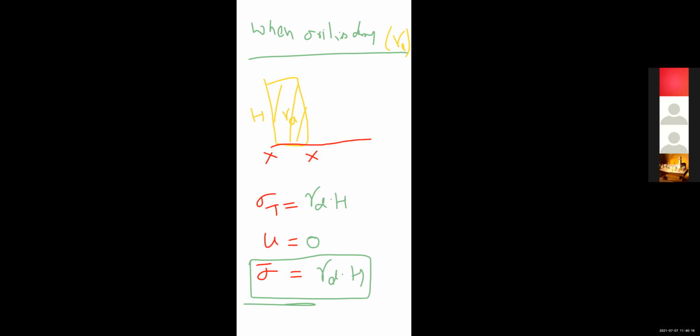Next is if soil is in submerged condition. So the condition is given. This is the soil strata that is submerged. Submerged means soil is completely filled or in suspension in water.